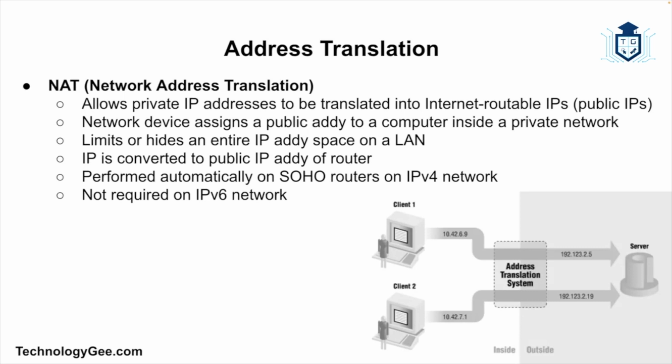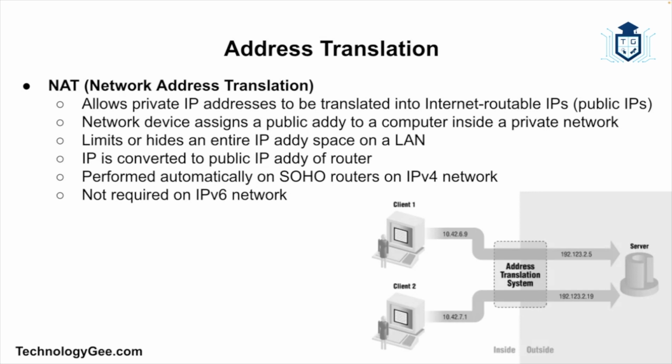Network address translation, or NAT, allows private IP addresses to be translated into internet routable IP addresses, also known as public IP addresses. This video examines the operation of basic NAT and a variant called port address translation, or PAT. Address translation can also be done for specific ports associated with an IP address, and when this is done, it is often referred to as port forwarding.